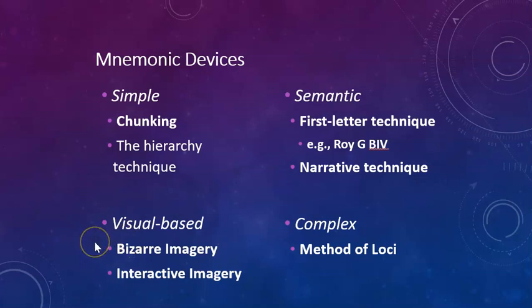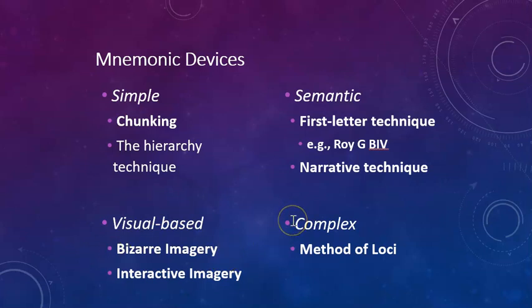Now, the second one that you can use is a visual-based one. So you can use some bizarre imagery or interactive imagery. Now, this might not be the best type of mnemonic device when you're trying to remember words, but if you're trying to remember different types of images, that would work, or you can use words to create an image as well, so that you remember things.